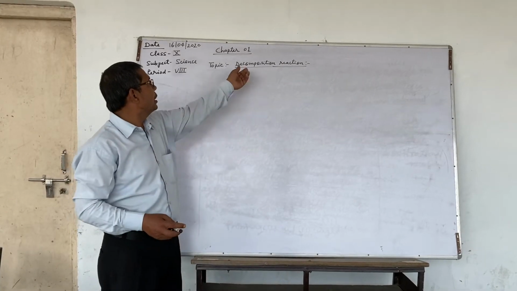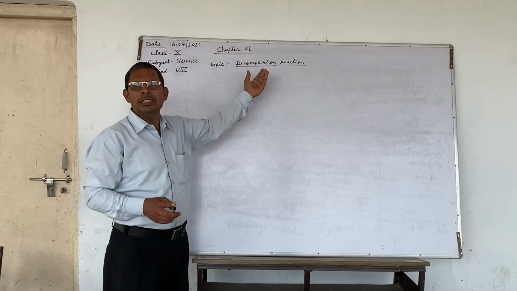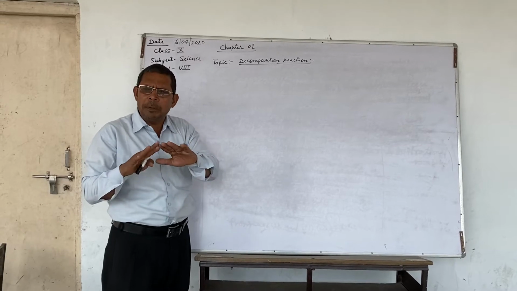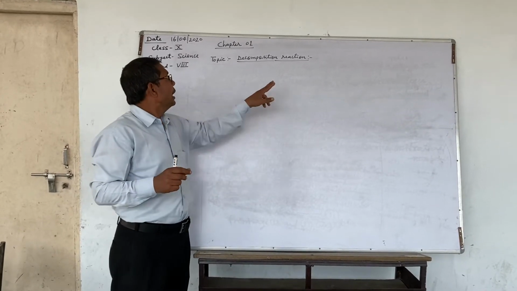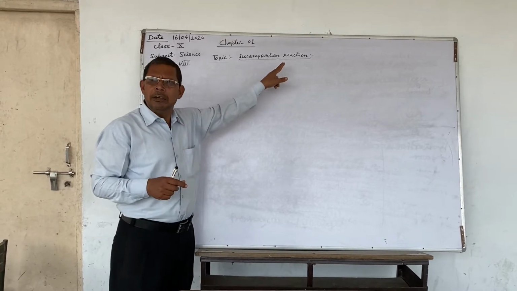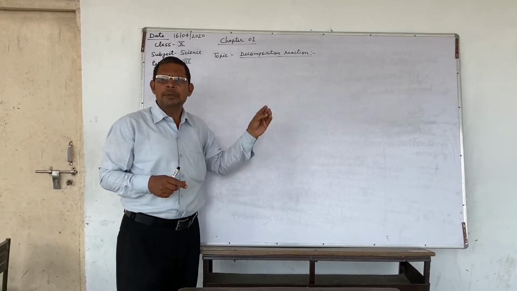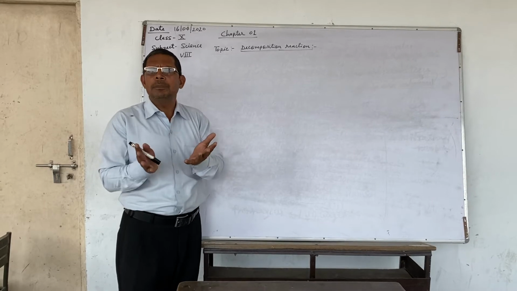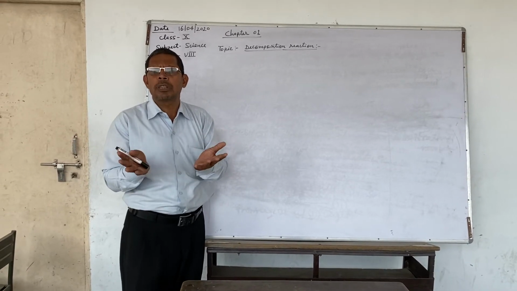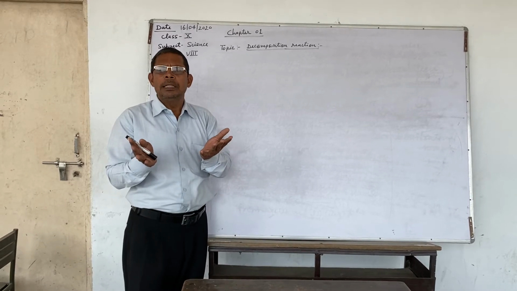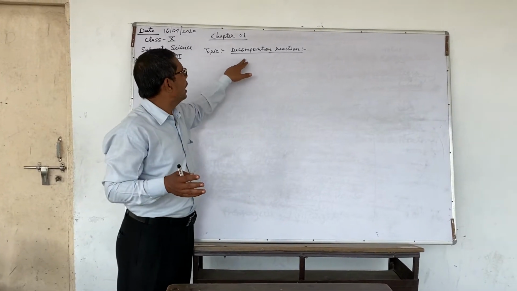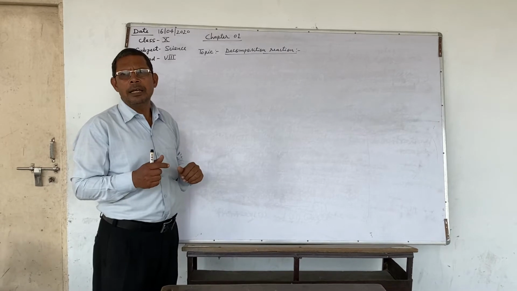As the word decomposition tells, it is the process of decomposing, splitting up, a breaking down. A chemical reaction in which a substance is split up into two or more substances is called a decomposition reaction.